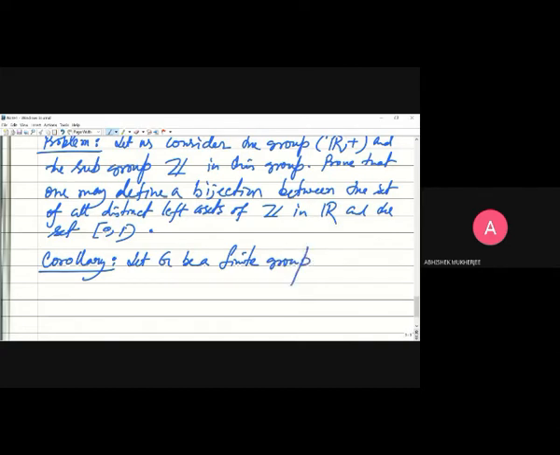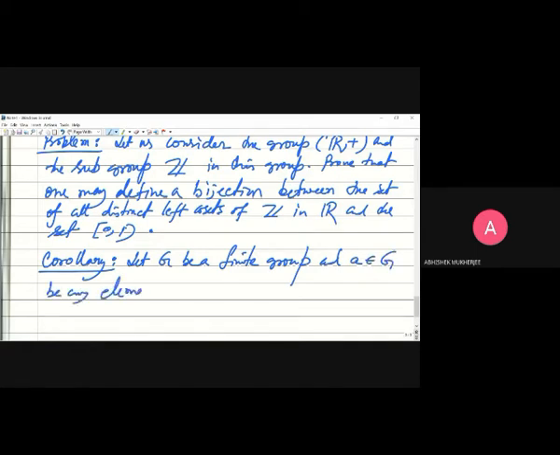Actually, using Lagrange's theorem, you can make a guess about the order of the elements of the group, right? Let G be a finite group and a belong to G, any element.